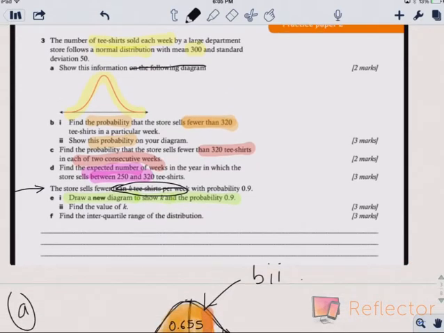Okay, so we found K, and we've drawn the diagram. The final question is find the interquartile range of the distribution. Now, we know what interquartile range means. Distribution just means the normal curve with this given standard deviation and mean. So for a distribution with mean of 300 and standard deviation of 50, what's the interquartile range?